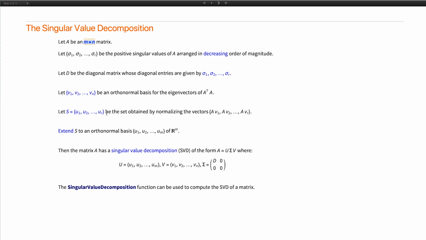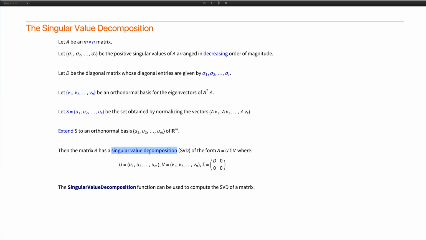So you've got now a set of vectors U and a set of vectors V, and then the singular value decomposition of the matrix A is going to be U times sigma times V, where U is the matrix formed by the U vectors, V is the matrix formed by the V vectors, and sigma is a matrix with all the diagonal elements over here being given by the positive singular values.